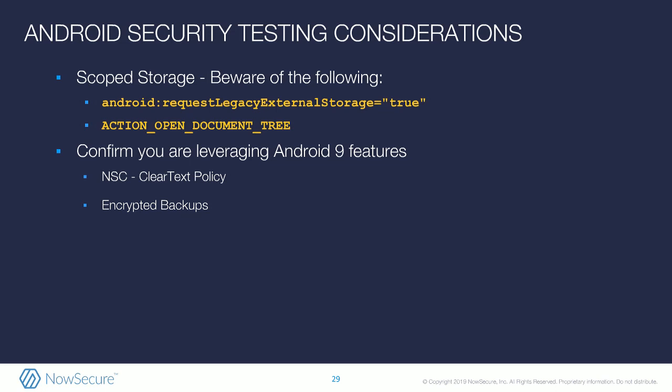Where I think you need to really spend more of your time testing is being aware of these Android 9 features. These Android P features are going to make things complicated if you haven't been aware of them. So you want to make sure that not only are developers going to be forced to target that higher level, SDK 27, but you want to make sure that they're using all the good security features that come along with it, and that means using network security config. And if your application does use backups, make sure that you're enforcing an encryption policy along with that.